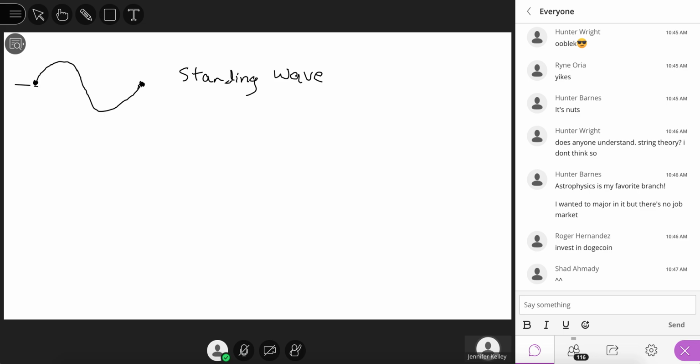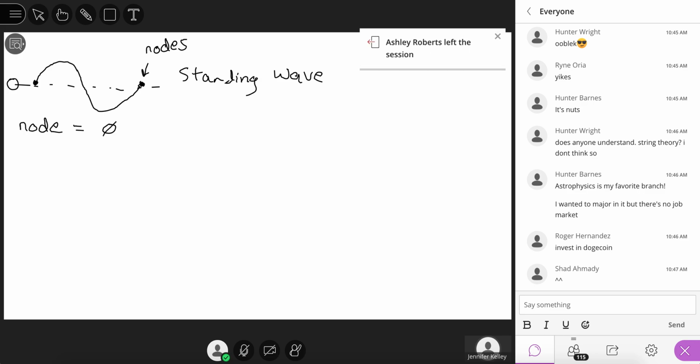So looking at a standing wave, not necessarily a violin string, but a standing wave, there's always a 0 point, and so the wave will go up a certain amount, and will go down a certain amount, and then come back, and then do the same thing again and again. The places at the 0 point are called nodes. So everywhere there's a node, it's at 0 point.